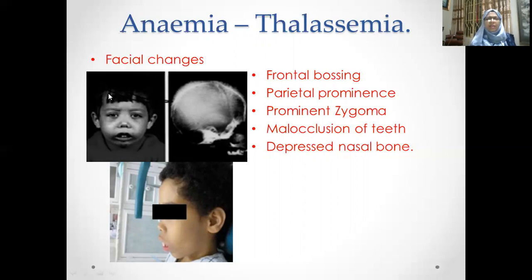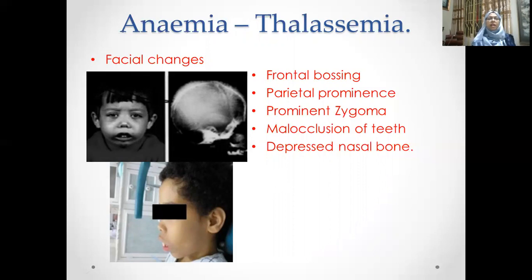It is not well visualized here, but in my previous class, those pictures are better than this picture. And prominent zygoma, you can see here, and malocclusion of the teeth. Here you can see the malocclusion of the teeth and depressed nasal bridge or nasal bone.